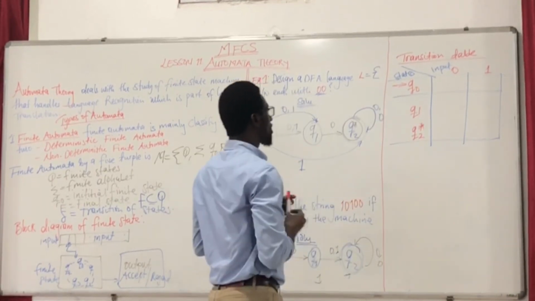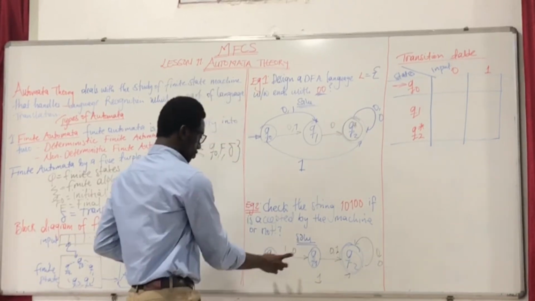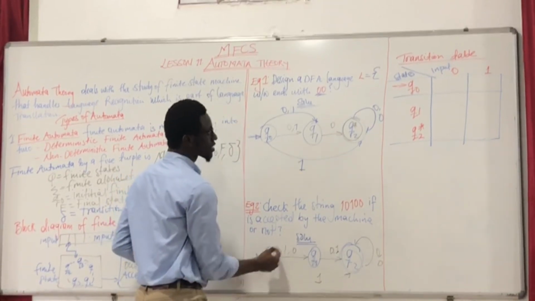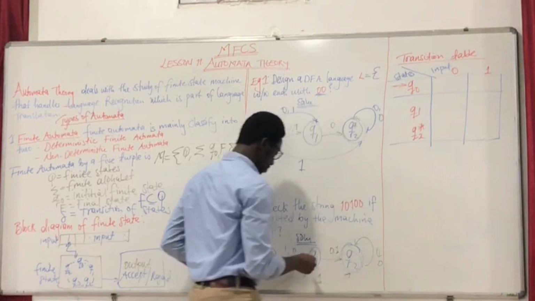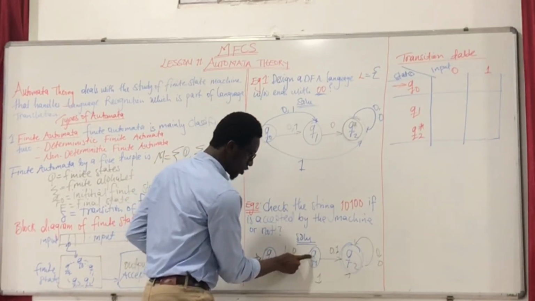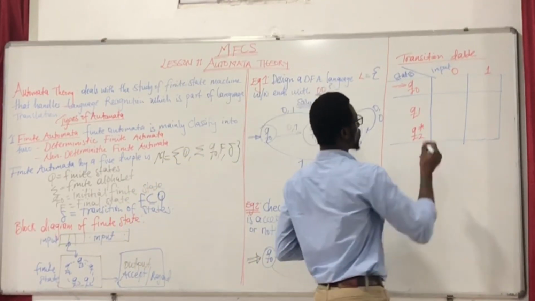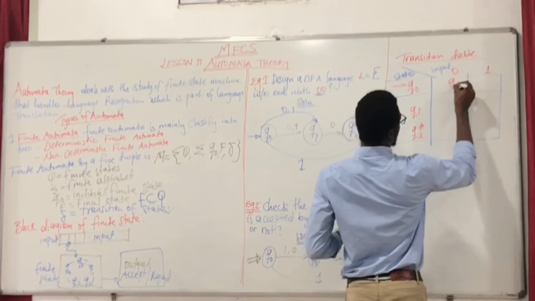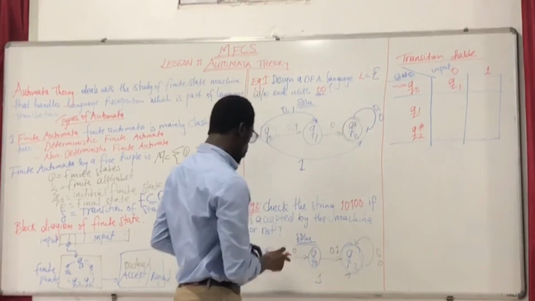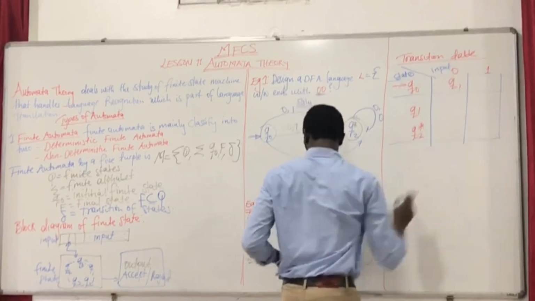So now we come back to this Q0. We check Q0 0. Q0 0 is Q1, so we fill this as Q1. Then we come again to Q0 1.